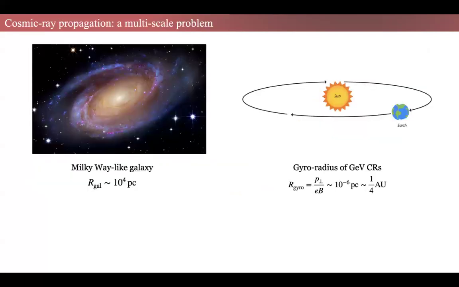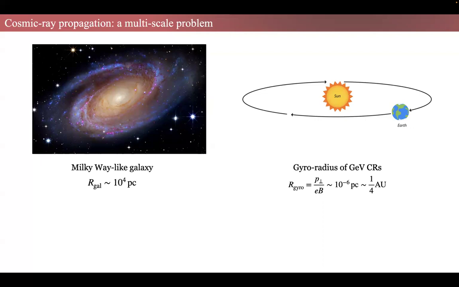Now, from a theoretical point of view, studying the effect of cosmic rays in galaxies is not trivial, because this requires connecting the kiloparsec scales of galaxies to the microscopic scales of the cosmic ray gyro radius. In my work, I'm mostly interested in GeV cosmic rays with kinetic energies of a few GeV because they dominate the energy spectrum and are therefore dynamically important for the surrounding gas.